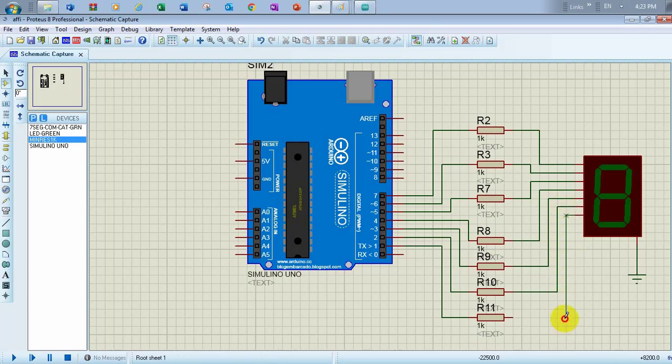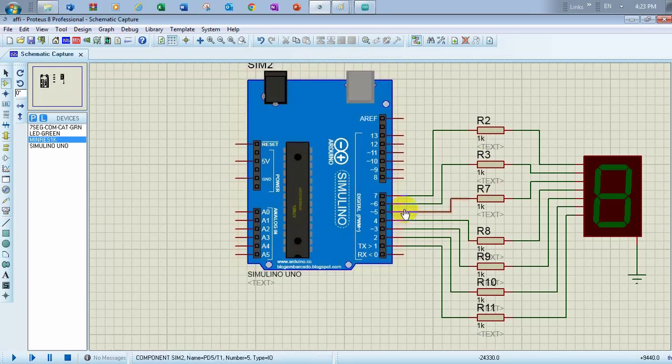Okay, so for these pins of the Arduino, pins 1, 2, 3, 4, 5, 6, 7, we should configure them as output or input.